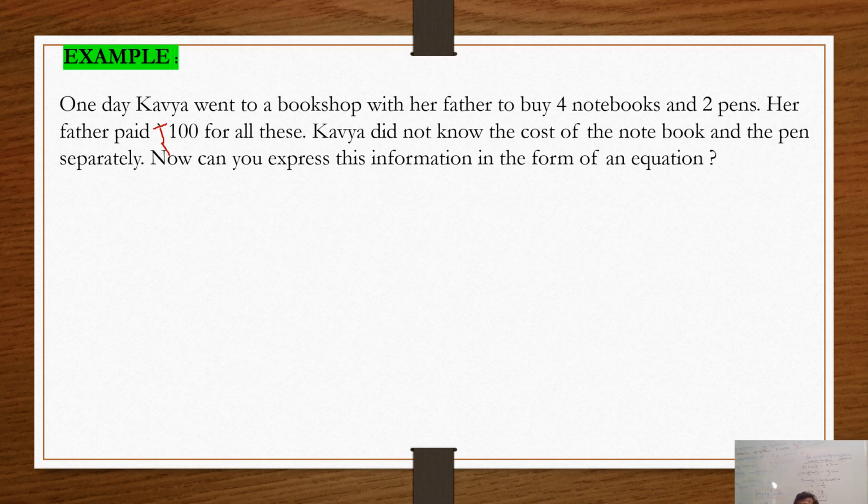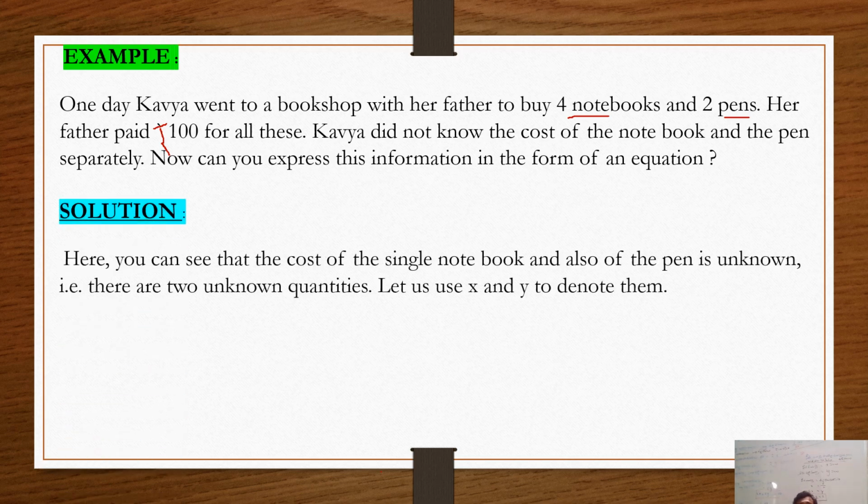The cost of a pen and the cost of a notebook. Here you can see the cost of a single notebook and also of a pen is unknown. The cost of one notebook and that of one pen are unknown variables. There are two unknown quantities.